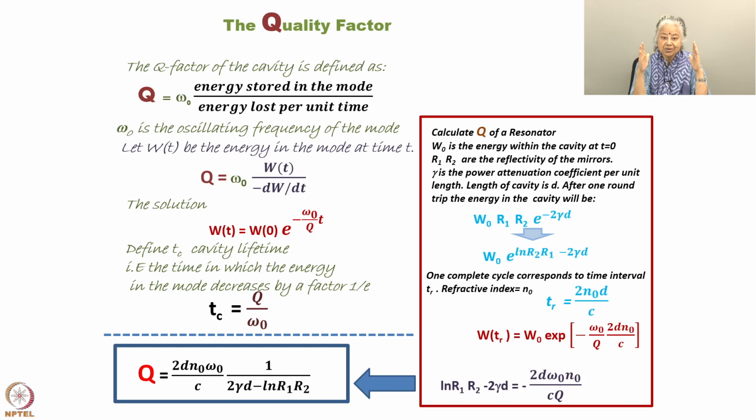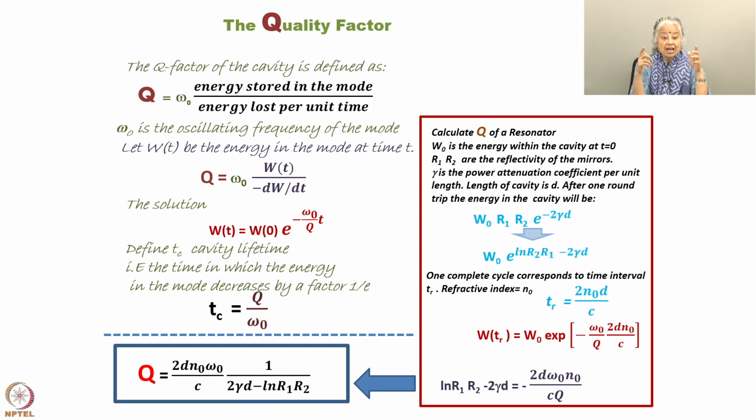You can't make mirrors which are 100%, they are always 98%, 99.9% or 98.9%, whatever. So, there are certain losses, and as I have spoken about before, there are losses in your active medium also. Your spontaneous emission may just move towards the walls of the active medium and get lost.